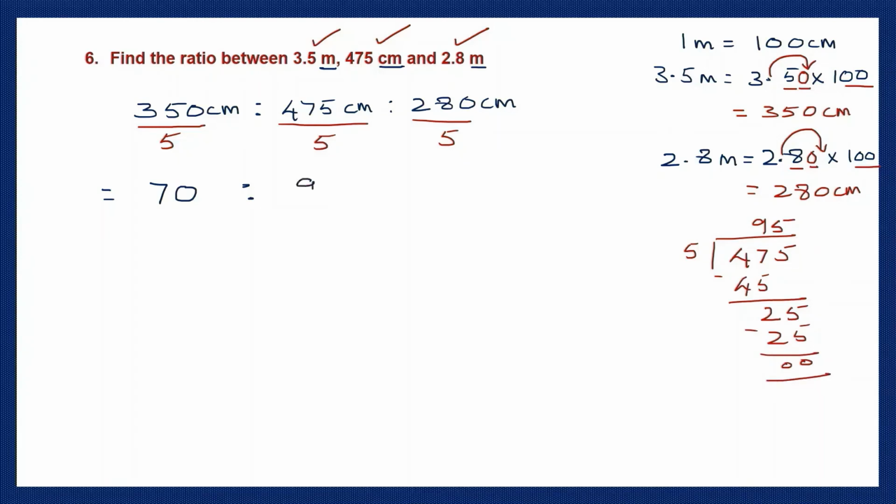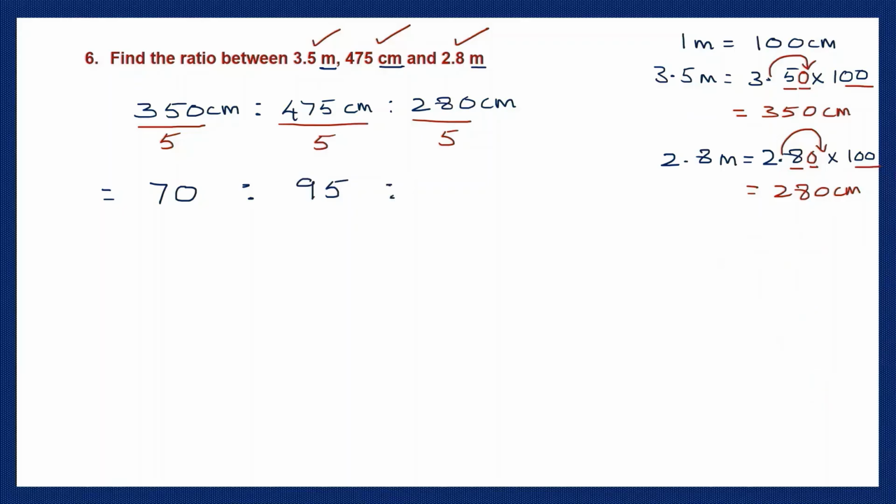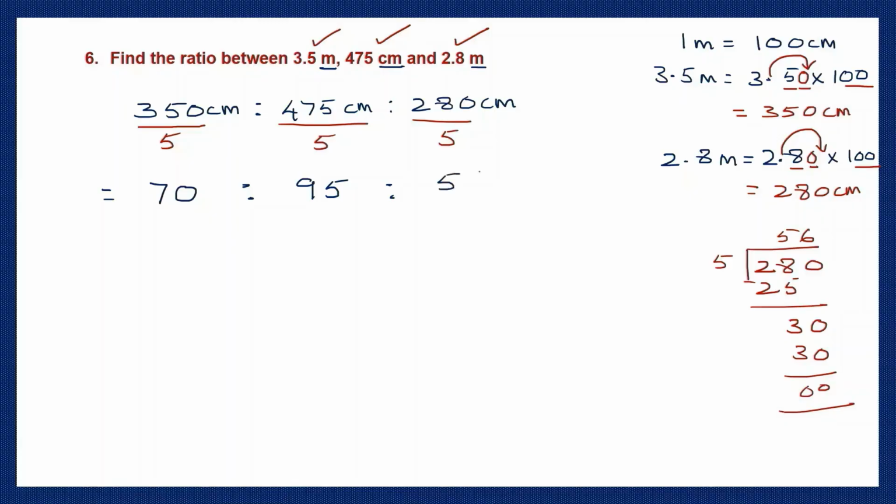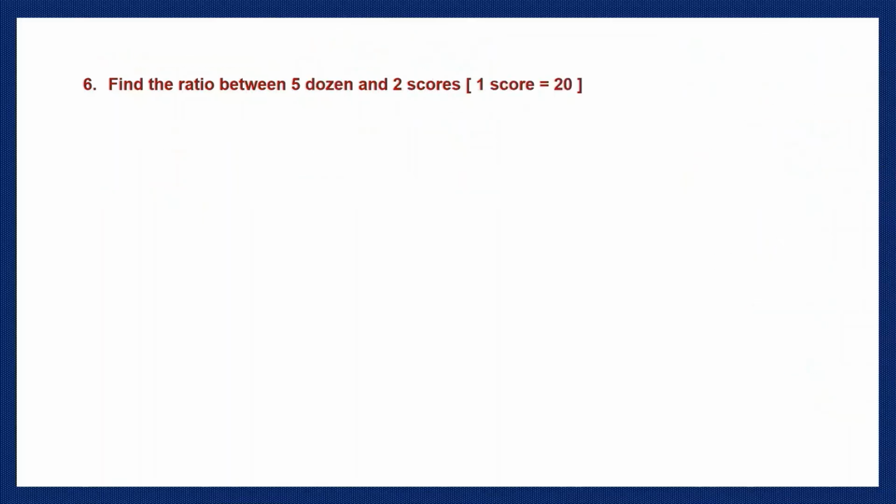So 70 is to 95 is to, let's take the third number, 280 divided by 5. I have 28, 5 fives are 25, minus, 8 minus 5 is 3, I bring down 0, 5 sixes are 30. So now I have 56. My third number is 56. So this is my final answer. I have found the ratio between the three numbers, which is 70 is to 95 is to 56.